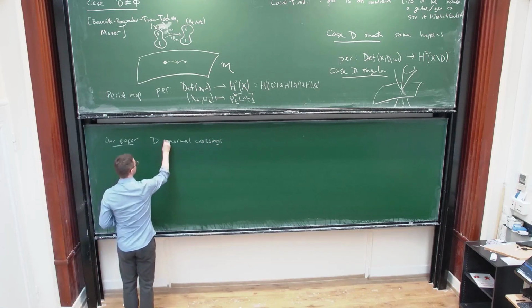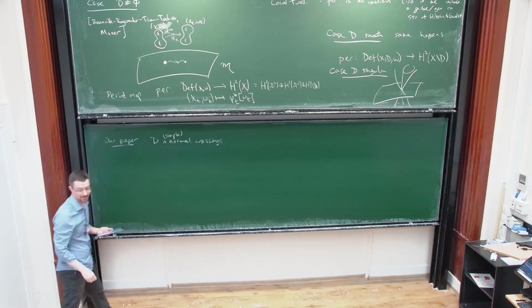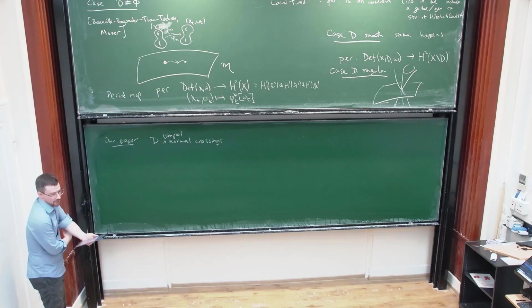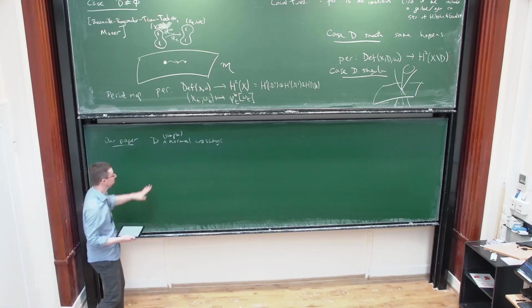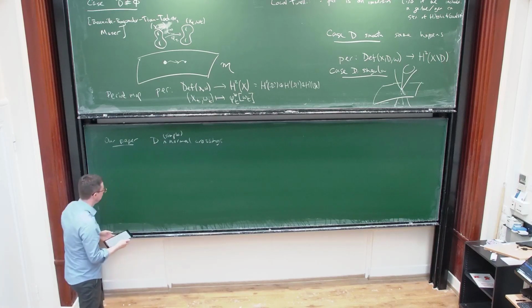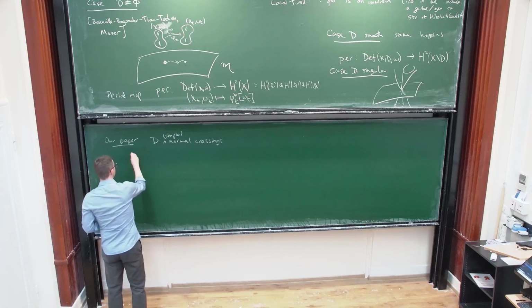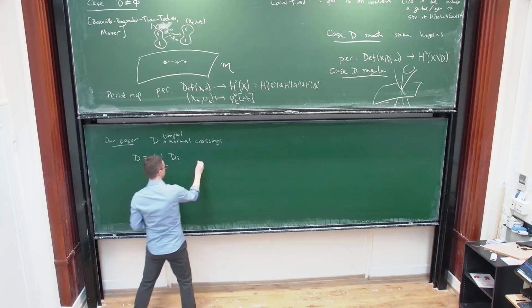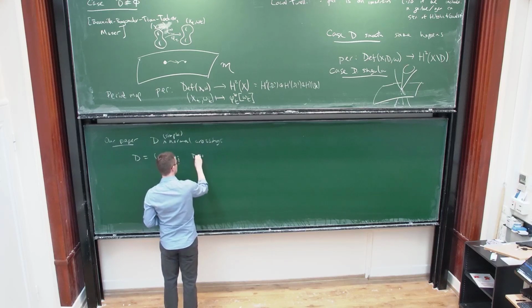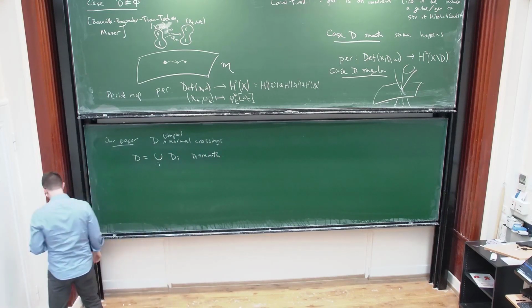Okay, to keep things simple, I will assume simple normal crossings in the talk, but our techniques are essentially local, so this doesn't really cause a major problem. The results hold more generally. So D is going to be a union of some components, Di, which are smooth and meet as transversally as possible.